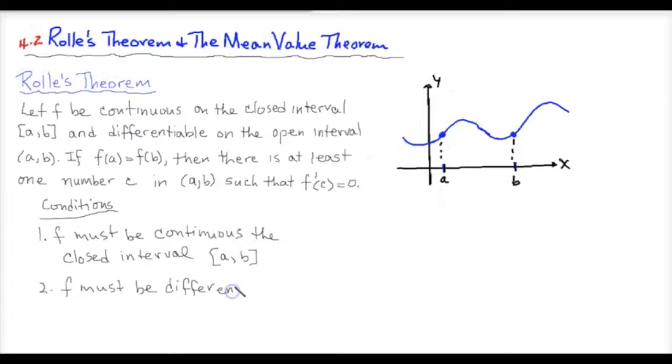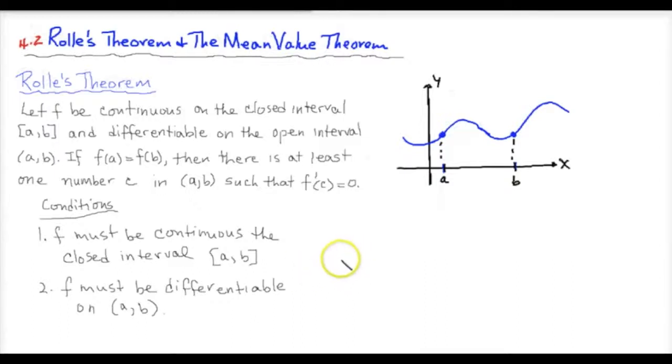Notice that it's an open interval, and so it does not include the endpoints. So it does not have to be differentiable at A or B, but it has to be differentiable at every point in between A and B.